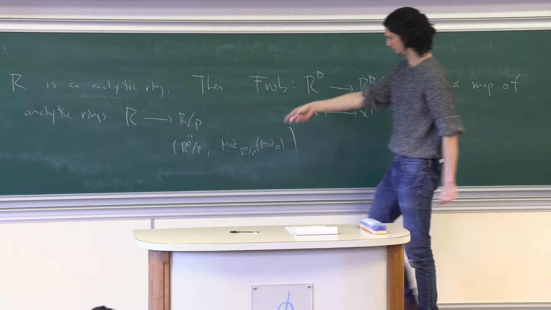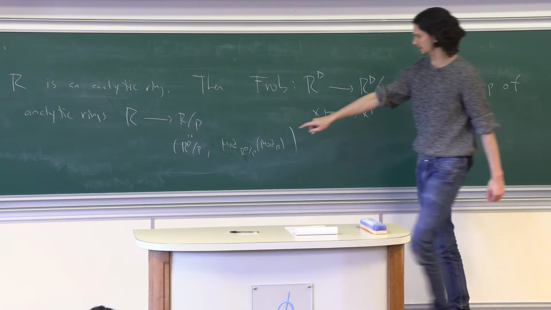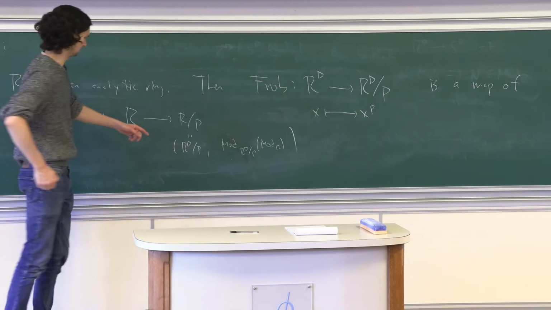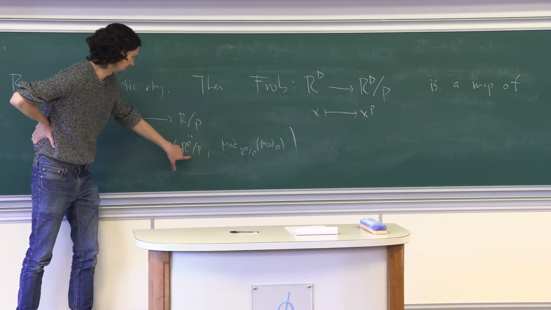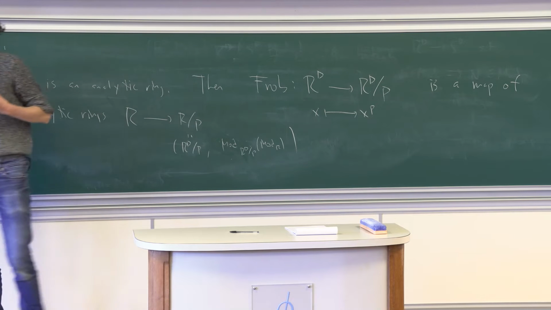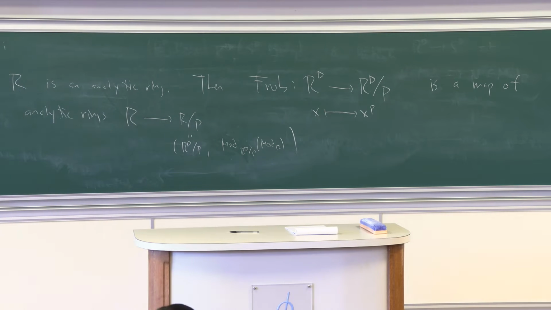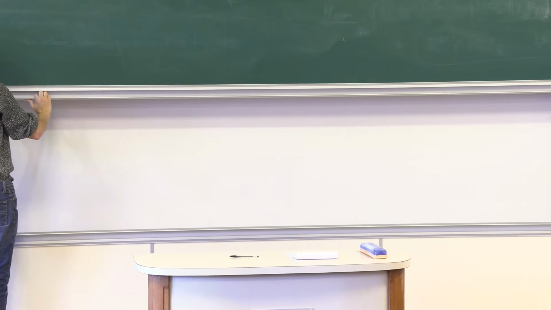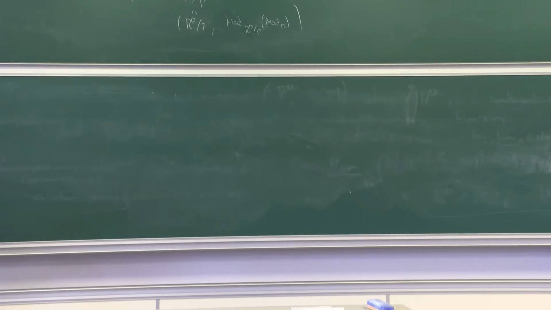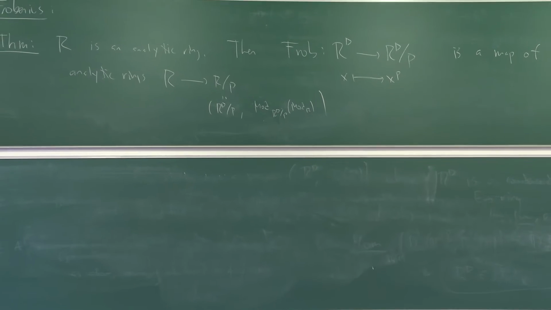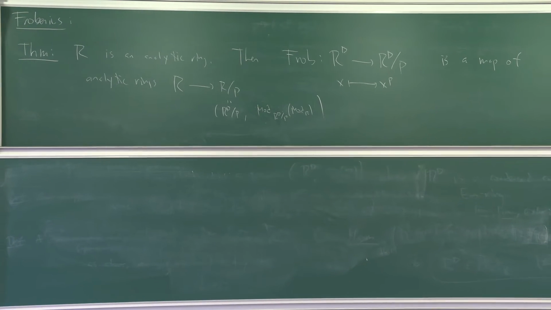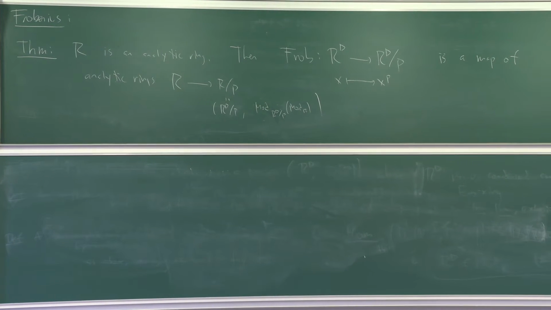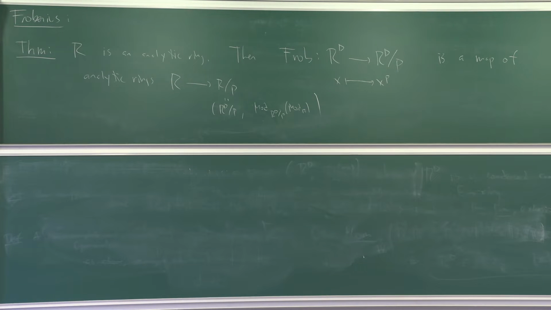So you just induce the analytic ring structure. So a complete module over R mod P is just a module over R triangle mod P, which is complete when viewed as an R triangle module. You're free to assume R is characteristic P, in which case it's really just a map from R to R.